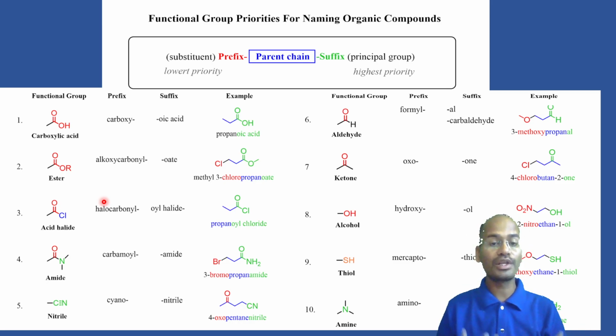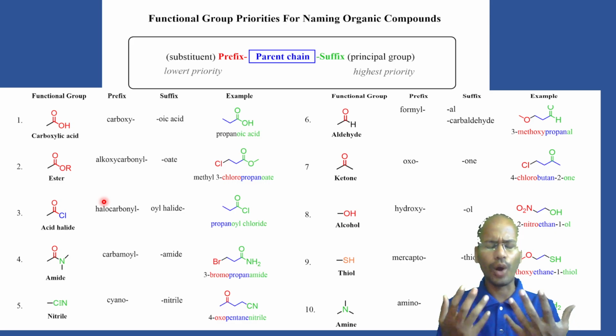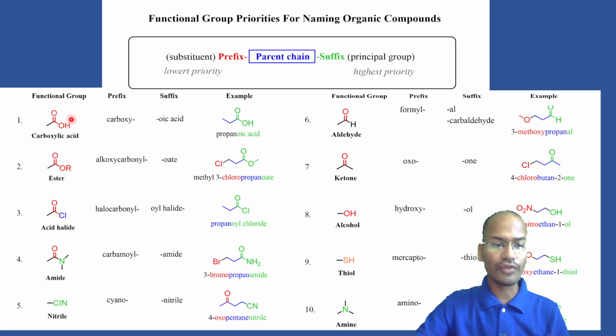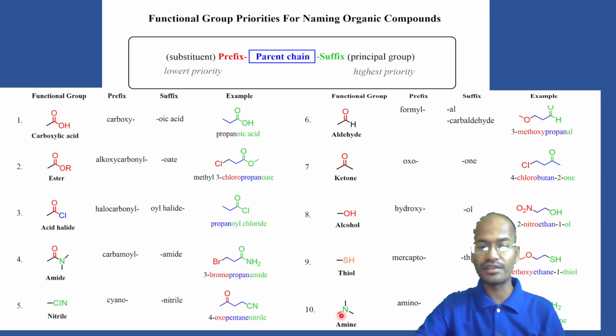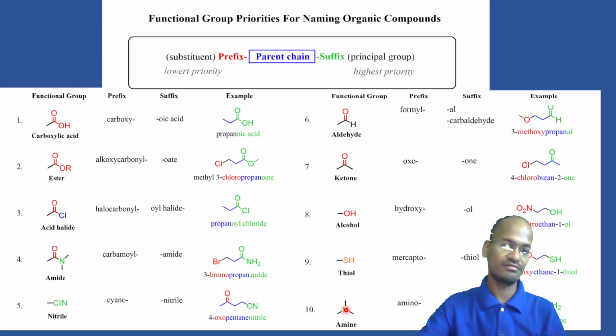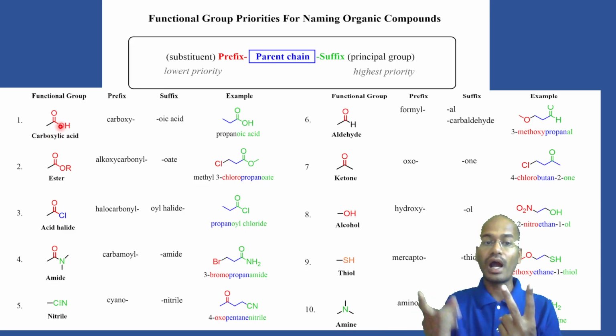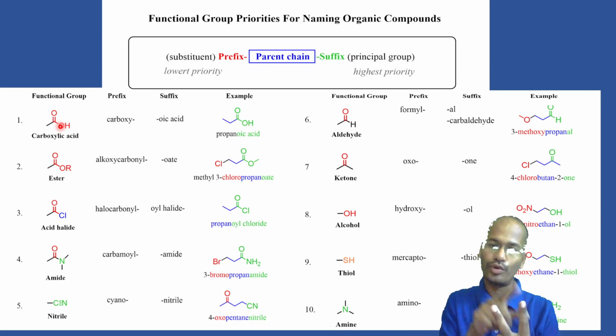For example, if one organic molecule is having two functional groups, let the first one be carboxylic acid and the second one be amine. So out of these two, amine and carboxylic acid, we are going to give highest priority to carboxylic acid.